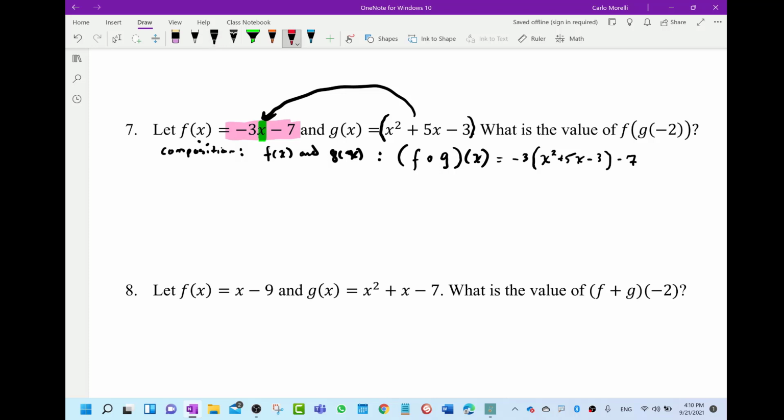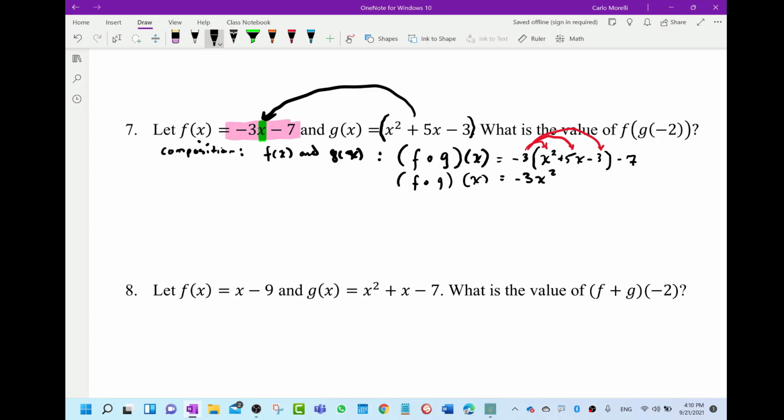Okay, so now distribute the negative 3. Remember, I'm still going to write the composition of f and g of x equals negative 3x squared. Anybody who tells you that you don't have to do this step and that you should just plug in the numbers is wrong.